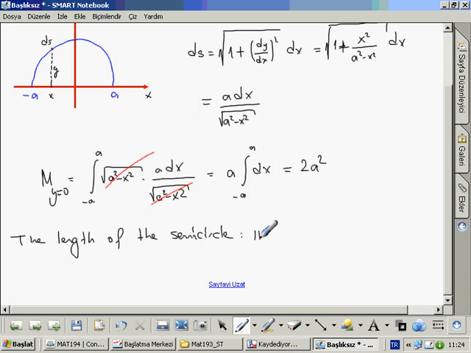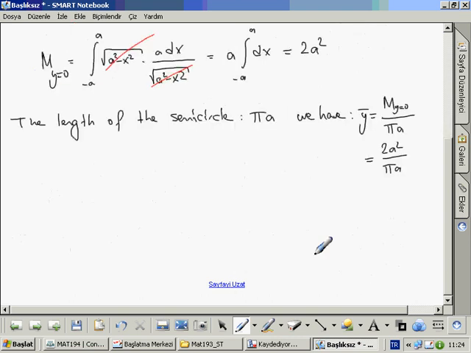So we have y bar equals M_y over pi a, which is 2a squared over pi a, and y bar equals 2a over pi.